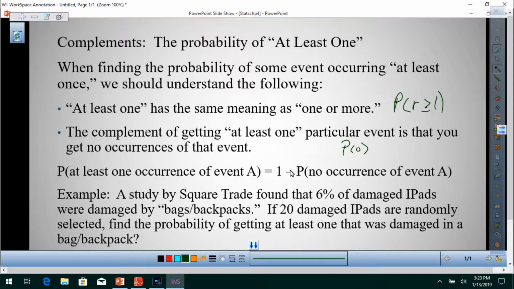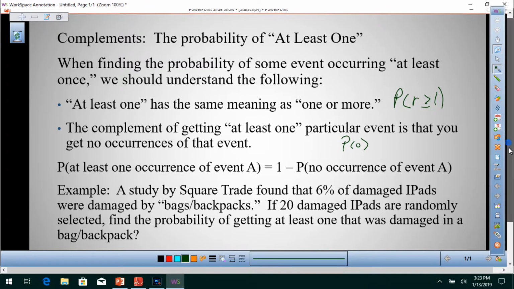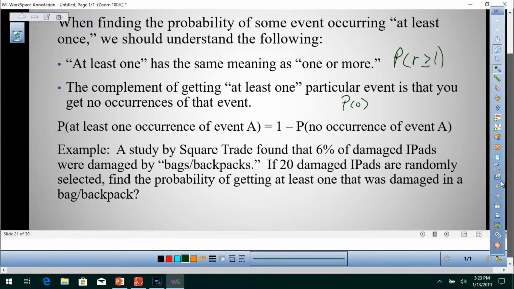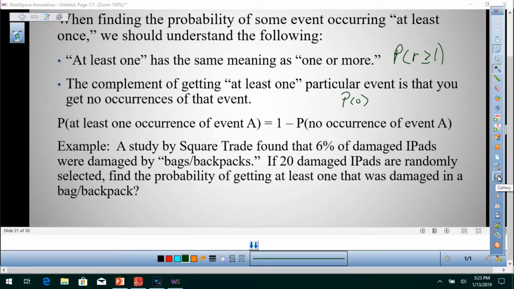As an example, a study by Square Trade found that 6% of damaged iPads were damaged by bags or backpacks. If 20 damaged iPads are randomly selected, find the probability of getting at least one that was damaged in a bag or backpack.